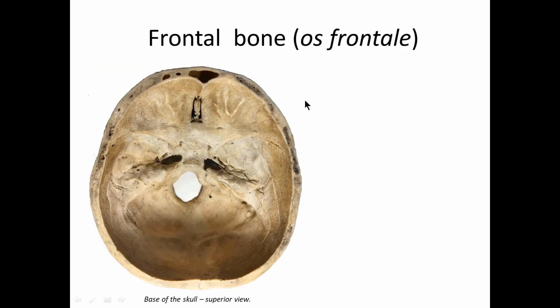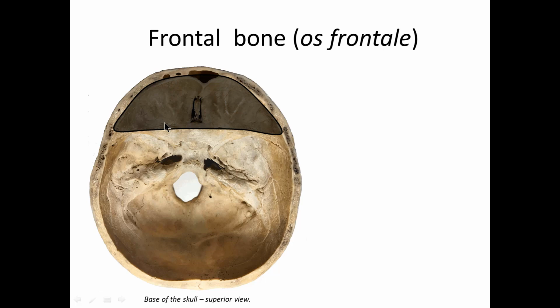This time let's look at the cranium from above. In this case we can see cranial cavity in transverse plane. The frontal bone is located approximately here, so it articulates with the sphenoid posteriorly, specifically through the lesser wings. In this view we can notice the continuity of the frontal crest.